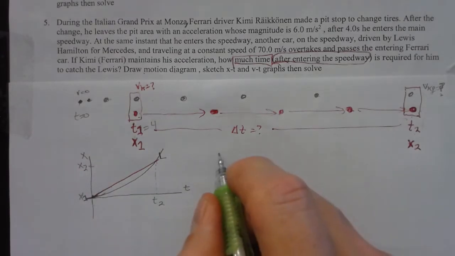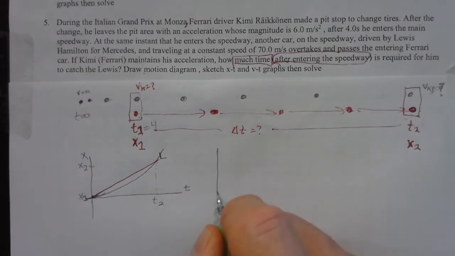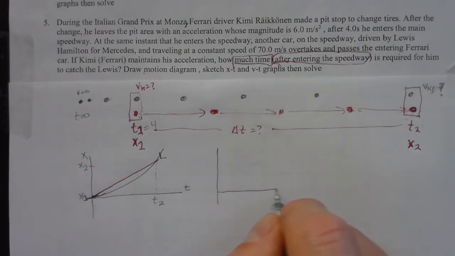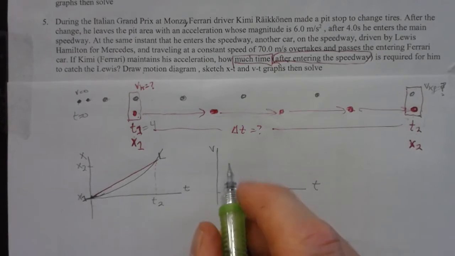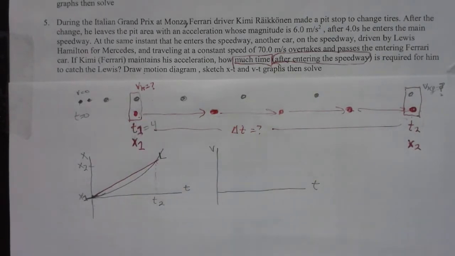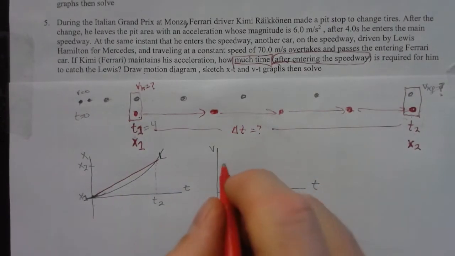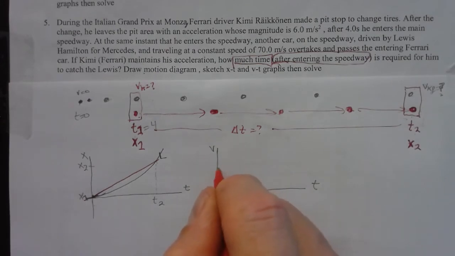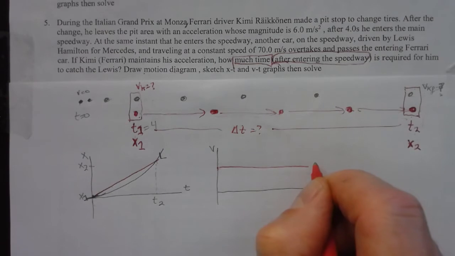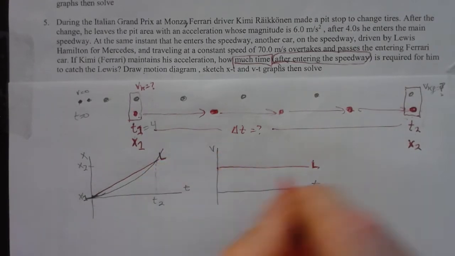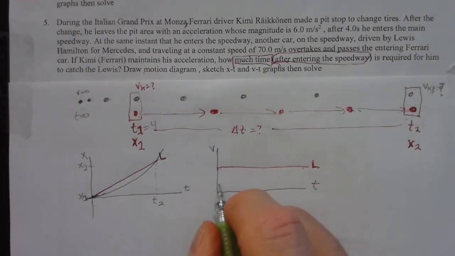How does the velocity graph look? So Lewis has a constant velocity of 70. We know it's 70. Kimi's is increasing, but it begins not at 0, right?